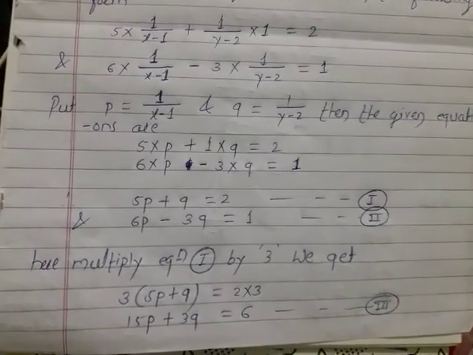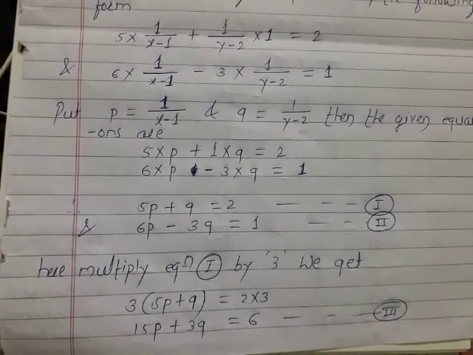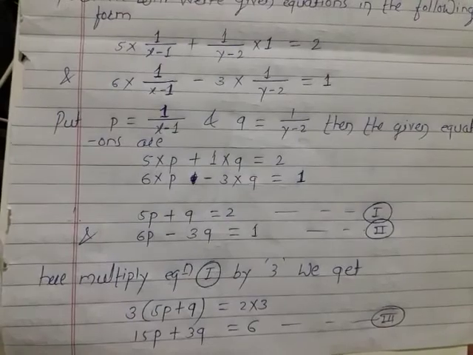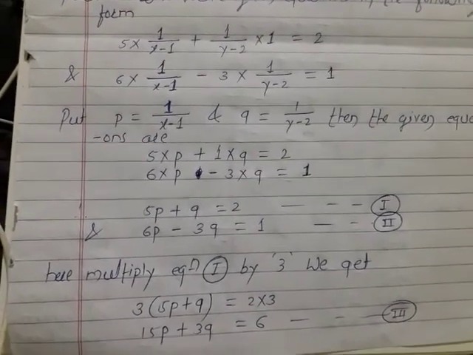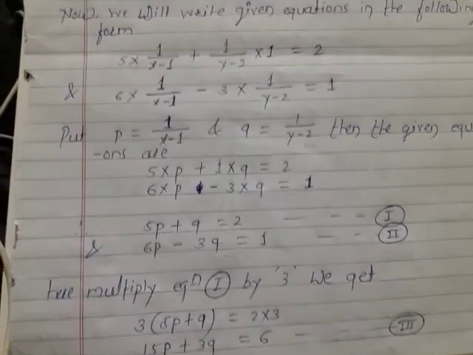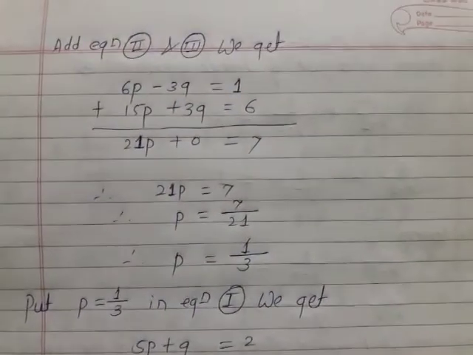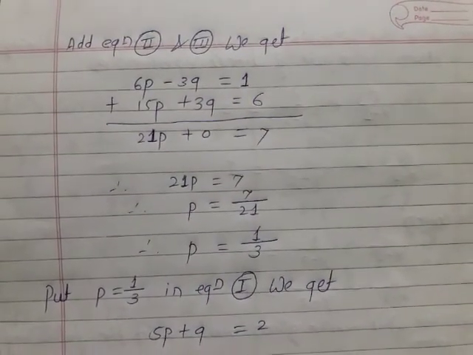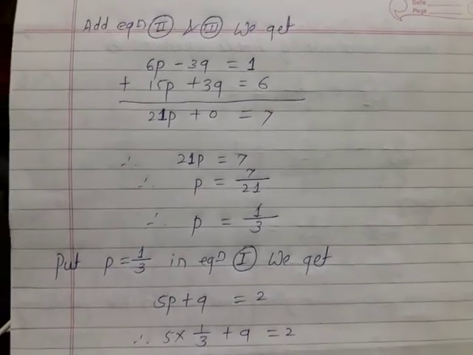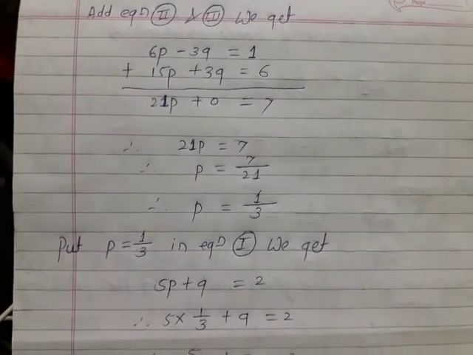Here multiply equation 1 by 3. I have told you why we decided this, because we want to eliminate variable q. And after multiplying we have added it. Look here, add equations 2 and 3, we got the value of p is equal to 1 by 3.